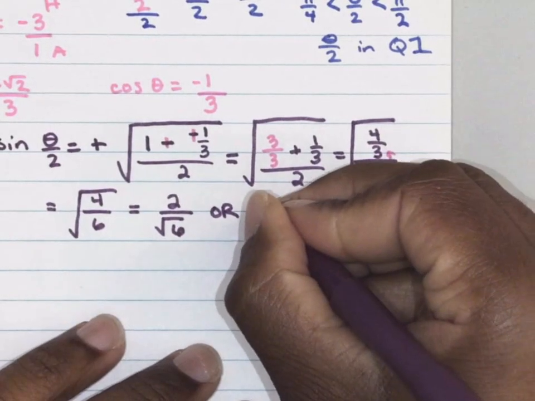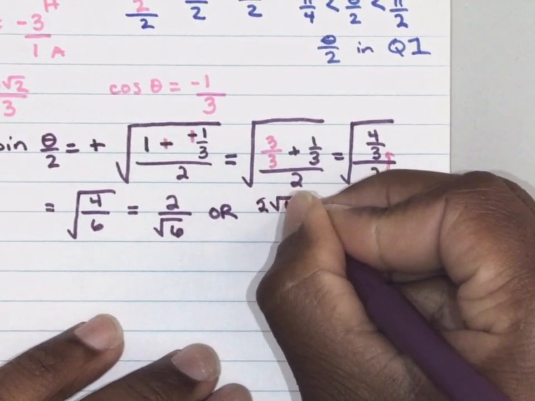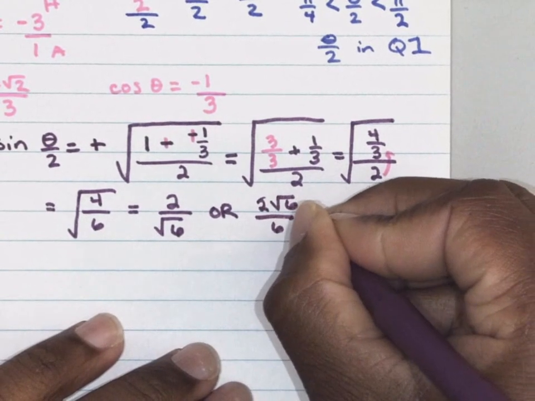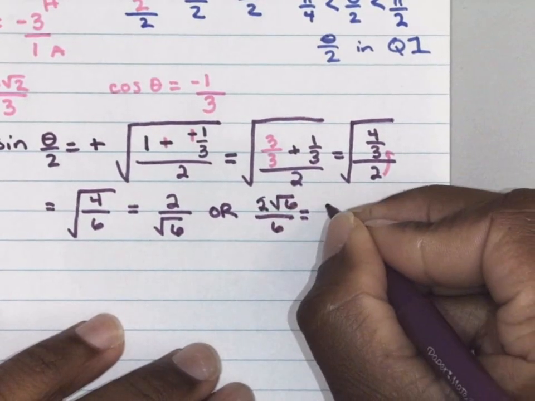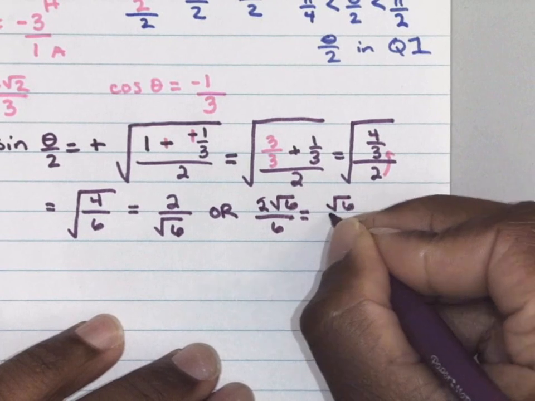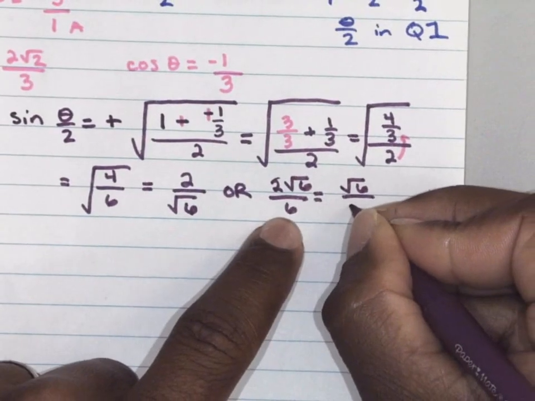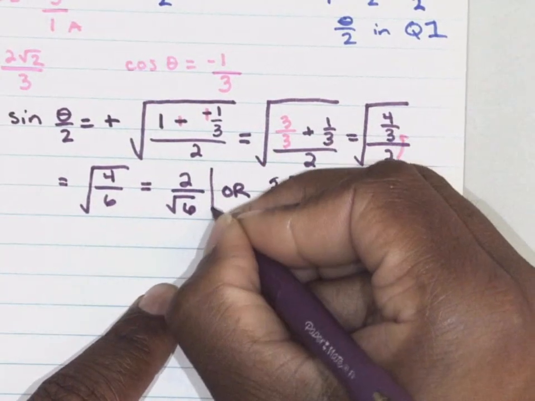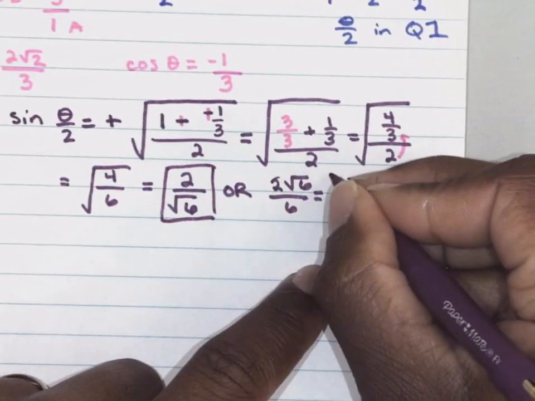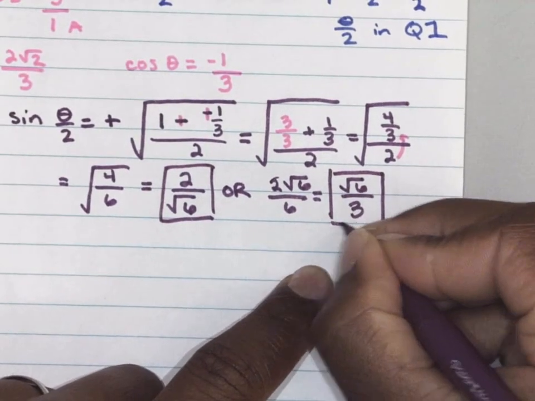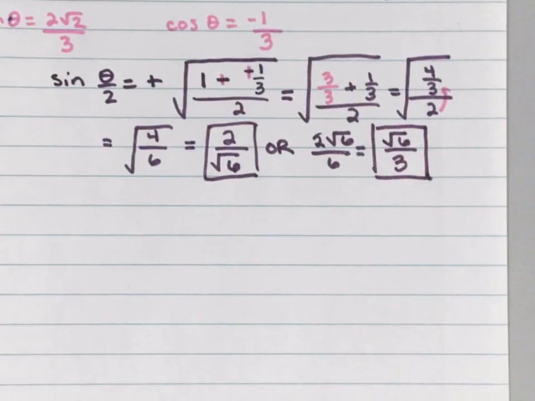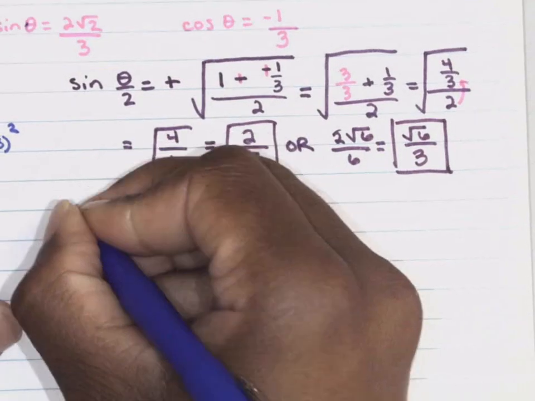So we get 2 root 6 over 6, which will reduce to root 6 over 3. So this is my answer. This is my simplified answer. Let's go to cosine.